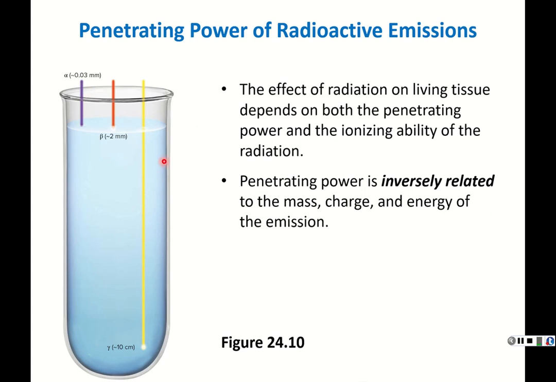If you're looking at a liquid here, this is liquid water in a test tube, they're 0.03 millimeters, and beta particles really aren't that much further, 2 millimeters. Okay, gamma rays can go up to 10 centimeters through that water.